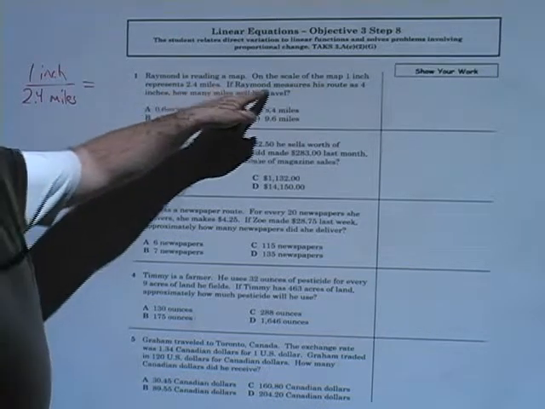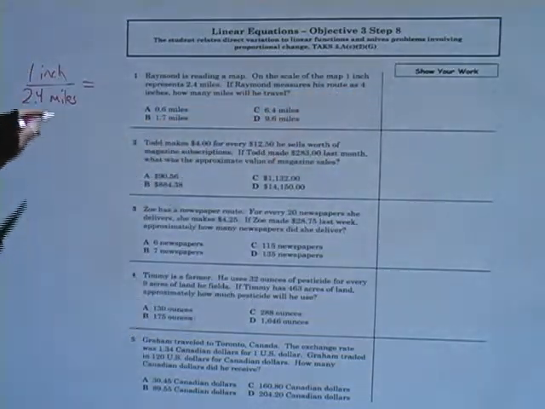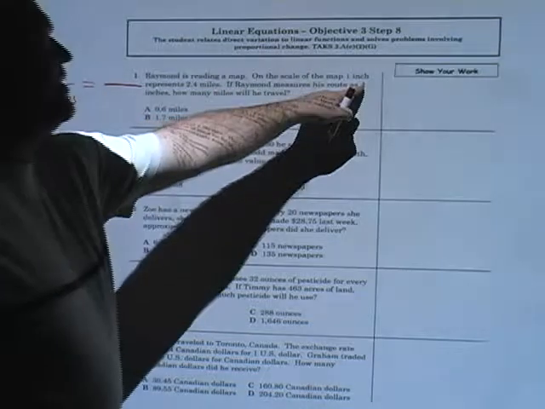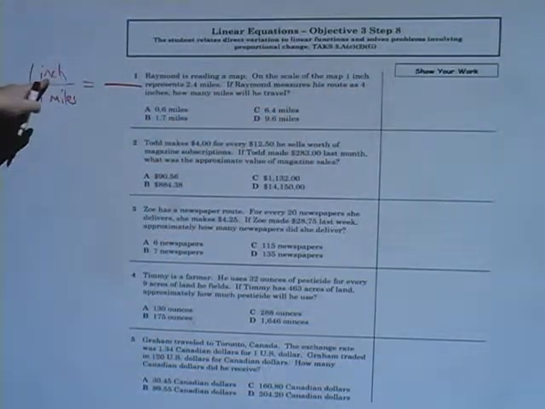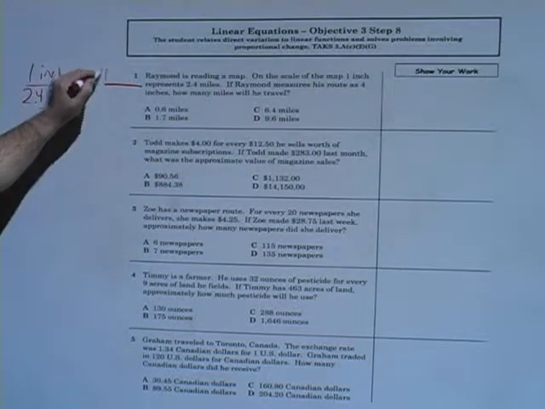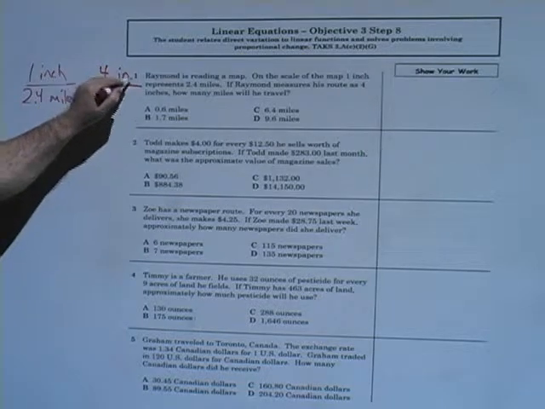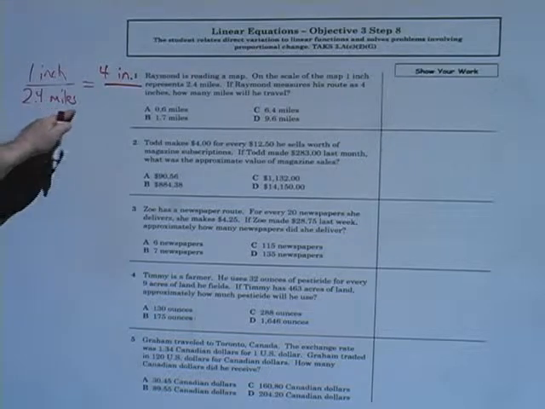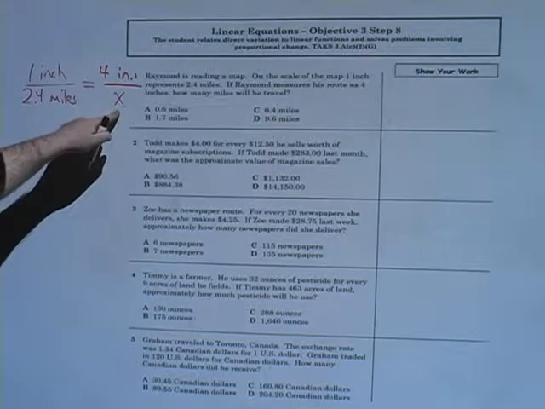If Raymond measures his route as 4 inches, well, where does the 4 go? It's going to go where the inches are, on top. How many miles will he travel? So it's the miles down here that we're looking for.